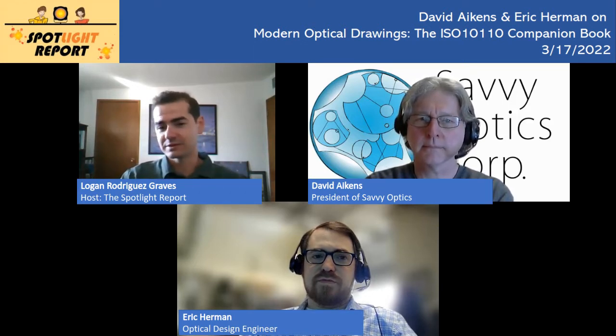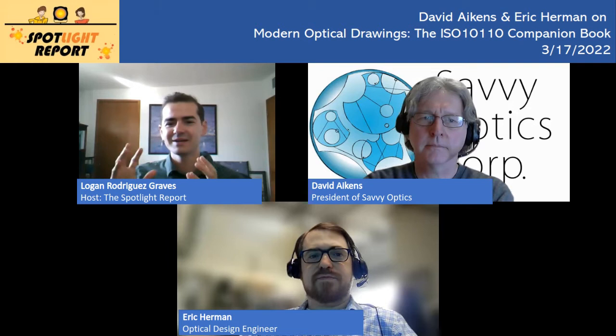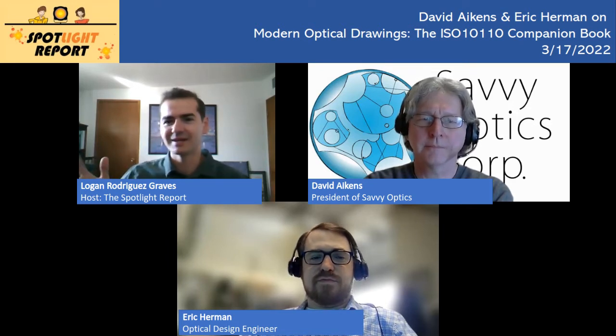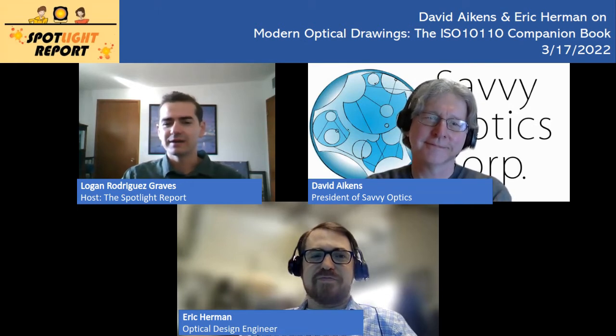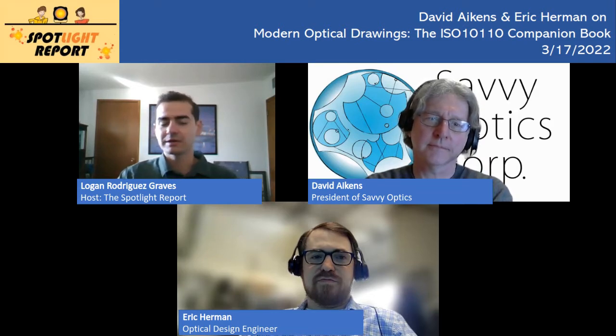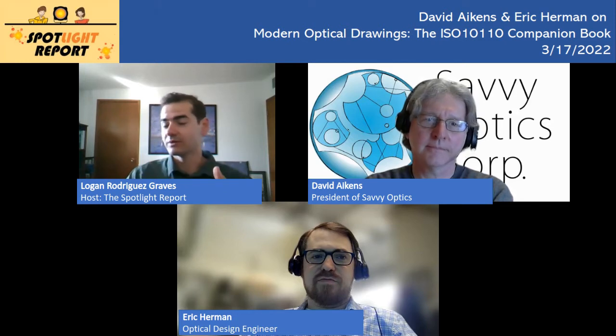I took Jim Burgess' class, and he was my advisor for a period of time. So I had exposure to this idea that, at the end of the day, you have to make these things that you design. But even with all of that, I learned an insane amount from this book of things that you should classify, things that need to be marked up on your drawing to make sure you get what you actually designed.